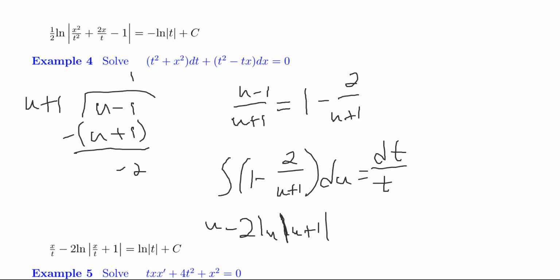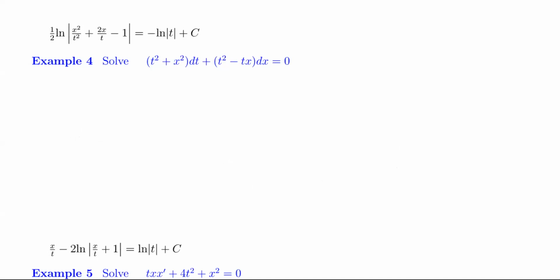And this is equal to ln of the absolute value of t plus c. Now we just need to replace u with x over t. So all of that becomes x over t minus 2 times ln of x over t plus 1 is equal to ln of t plus c.